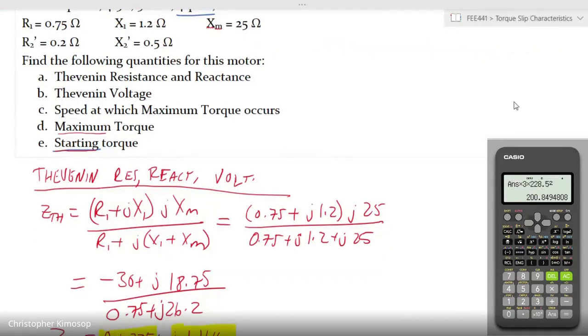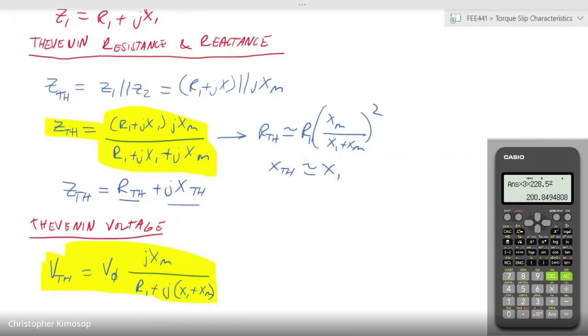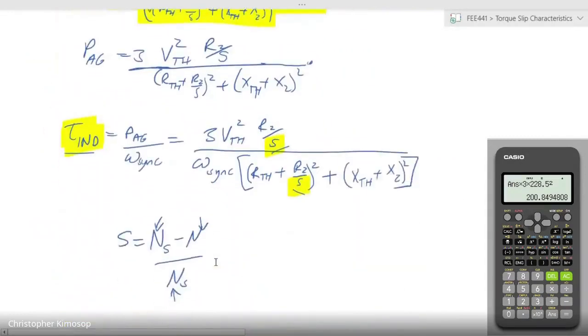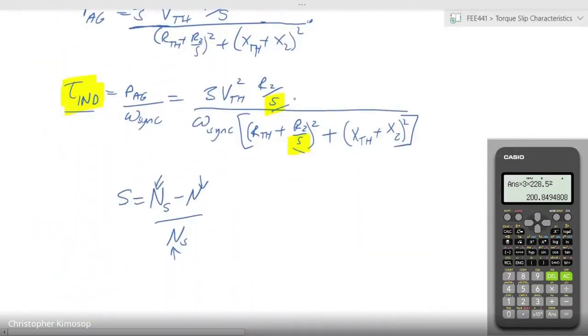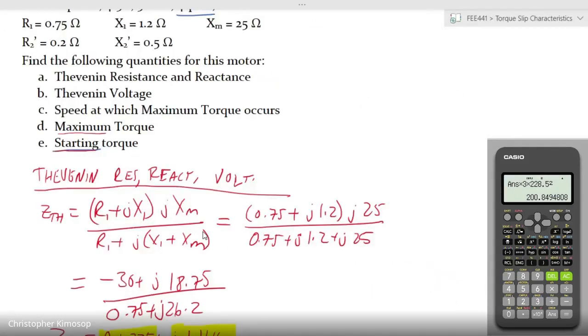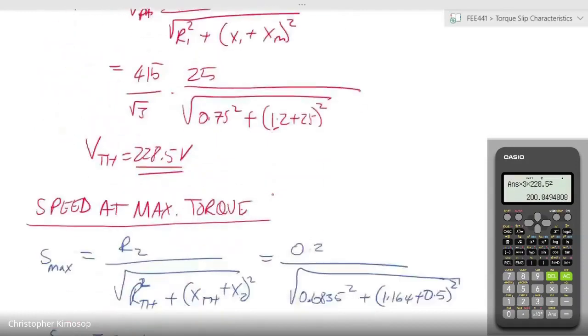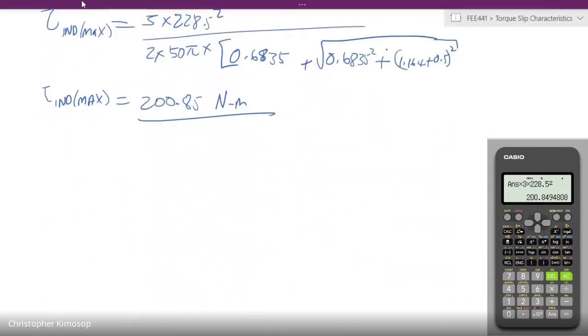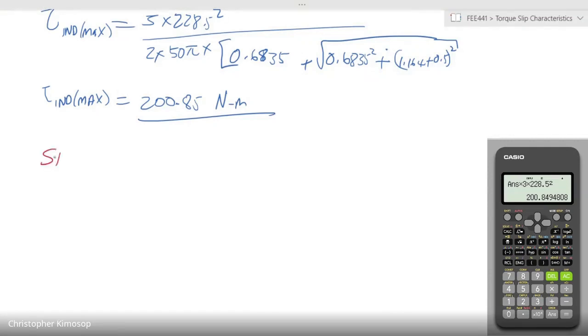Any torque at any point is given by this formula. Now, when the motor is starting, the speed at starting is 0. So let's just write it down for the starting torque.